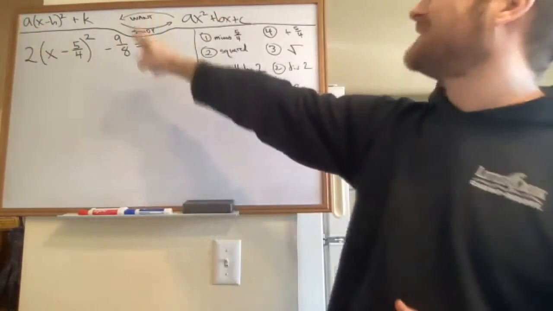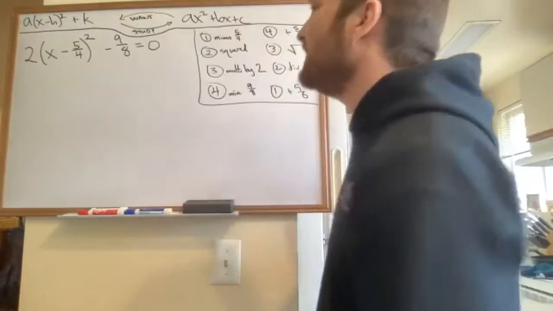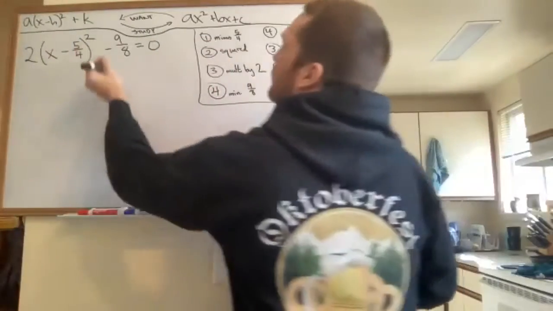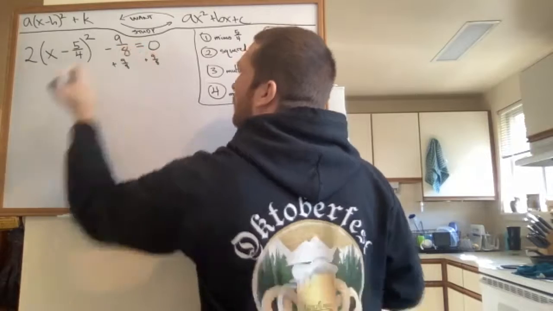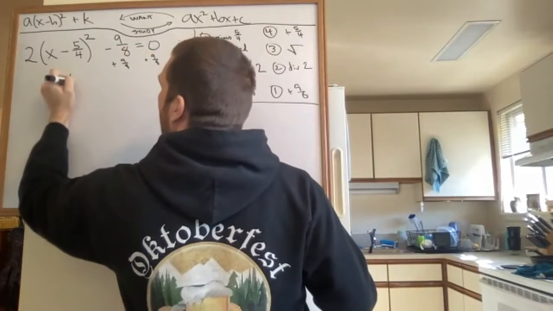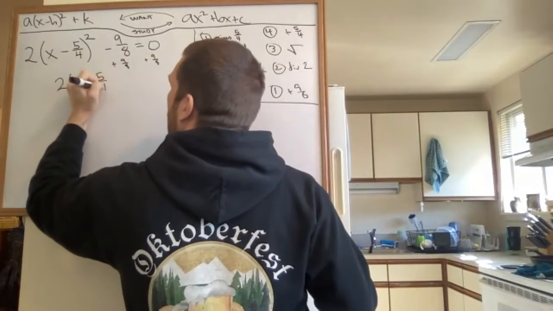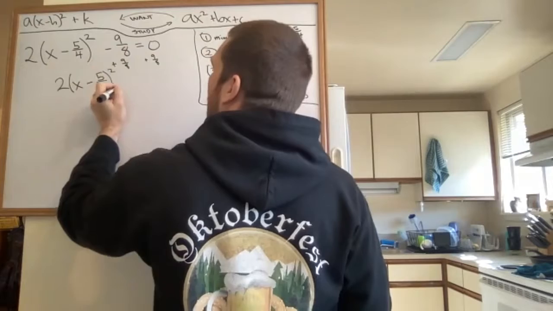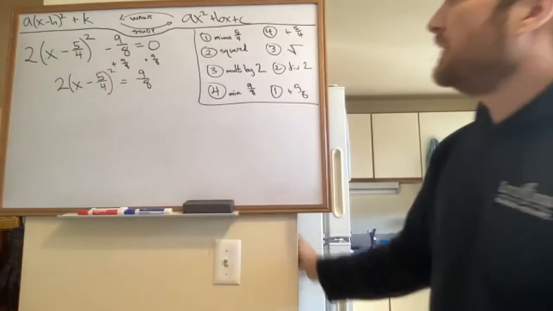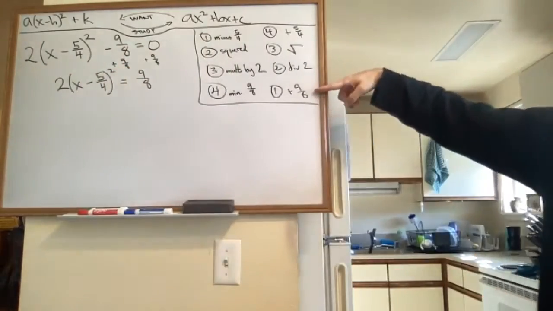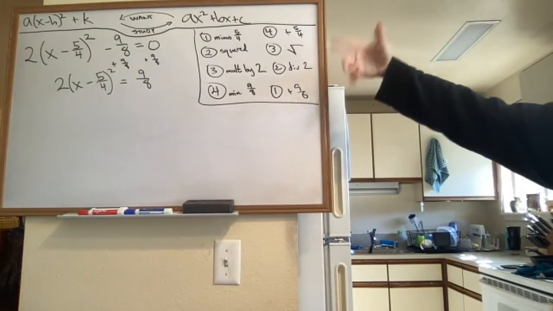The last thing that happens is minus 9/8. So the first thing I'm going to do is plus 9/8 on both sides. Okay, that gives me 2 times (x minus 5/4) squared equals positive 9/8. And yes, that worked. That was what I said the first step to undo it would be.